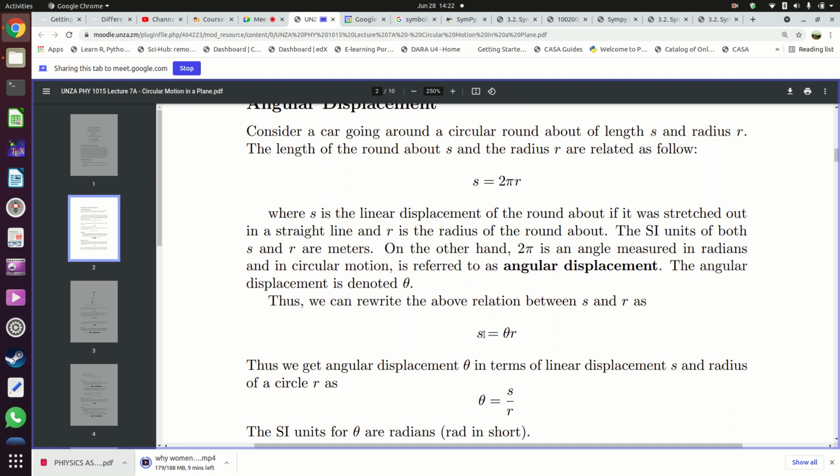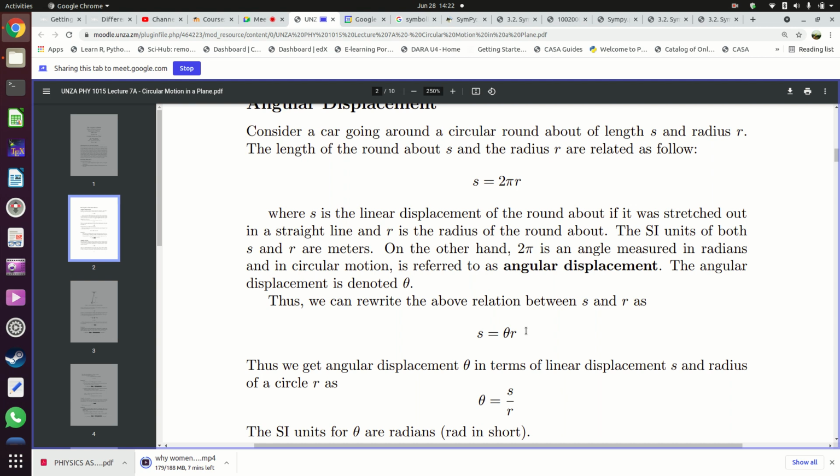So the distance you're going to cover, in meters, is equal to the angle theta in radians multiplied by the radius. Here, s is equal to theta r. This is a formula which gives you the relationship between the distance moved in a straight line, which is s, the angle through which you move, theta, multiplied by the radius.